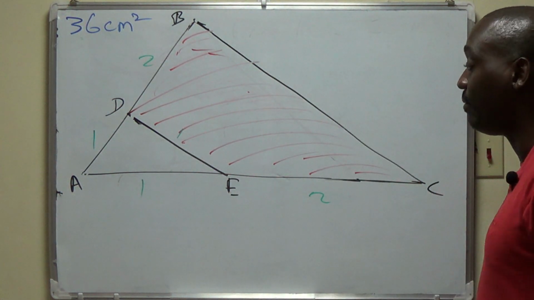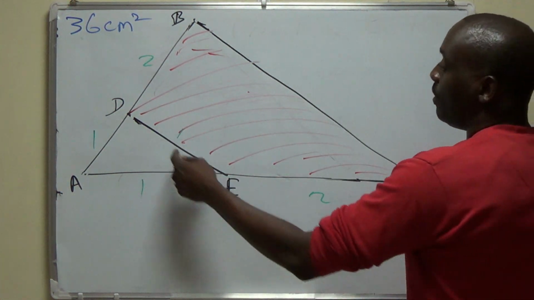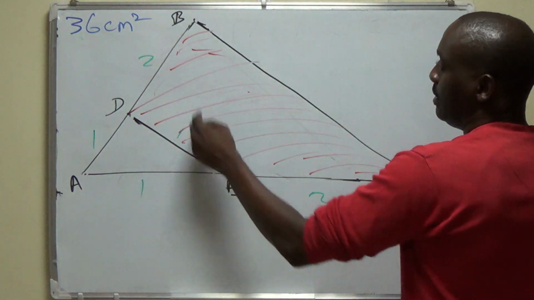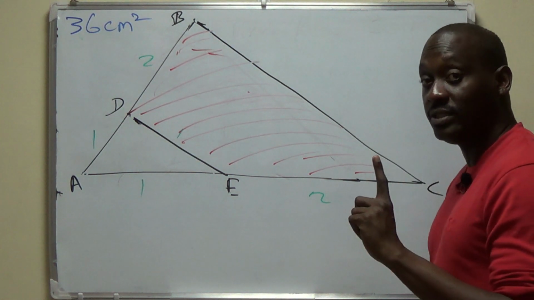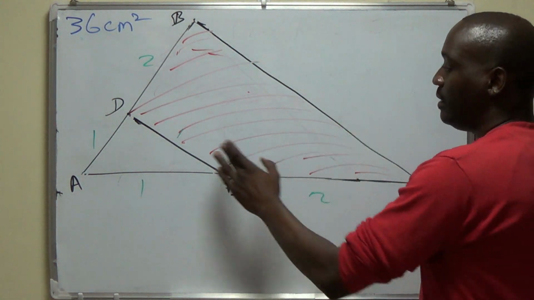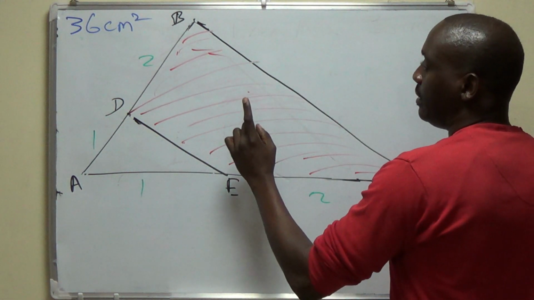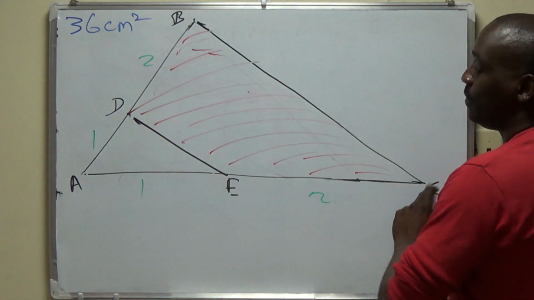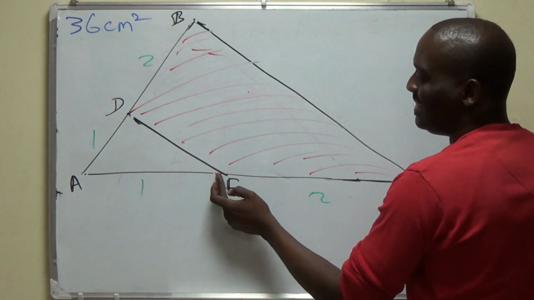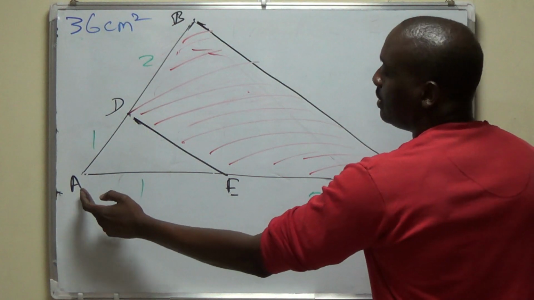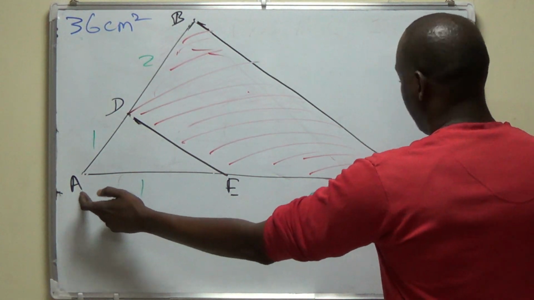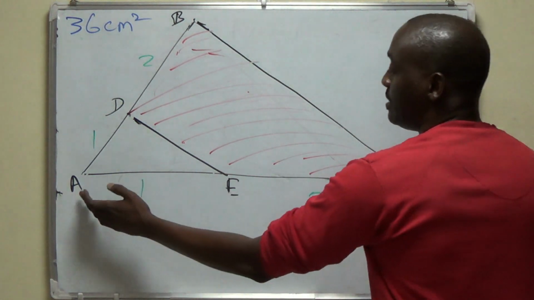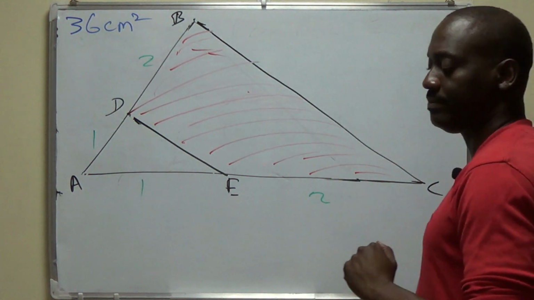What that means, therefore, is that the ratio of DE to BC would be not 1 to 2, but 1 to 3. So BC would be 3 times the length of DE, just as AB is 3 times the length of AD, and just as AC is 3 times the length of AE.